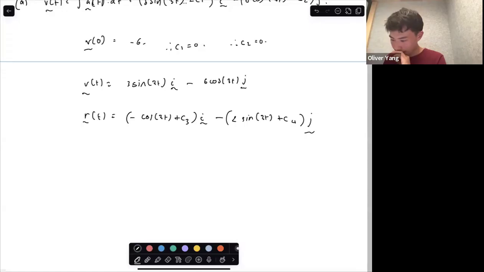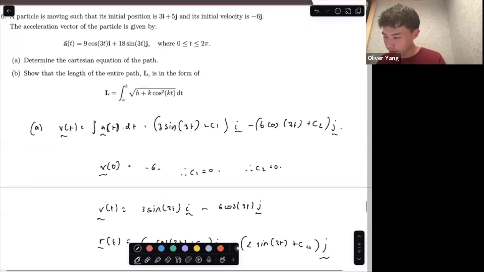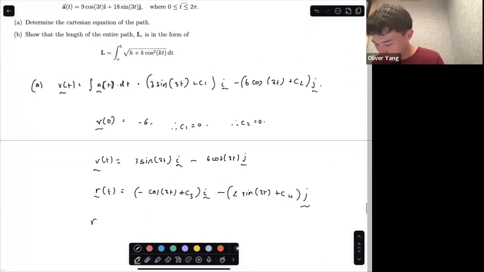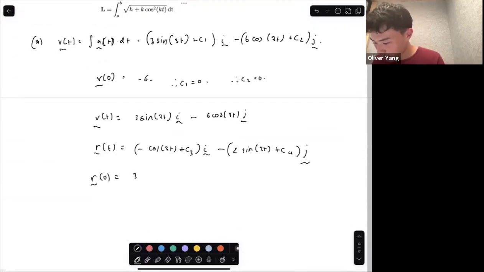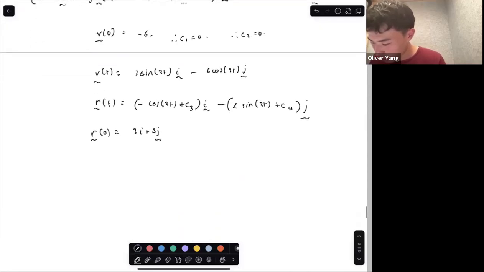Right. And now we know that our initial condition for this is r of 0 equals 3. Okay, so therefore we know that the x component, r of x equals negative cos 3t plus C3 equals 3.